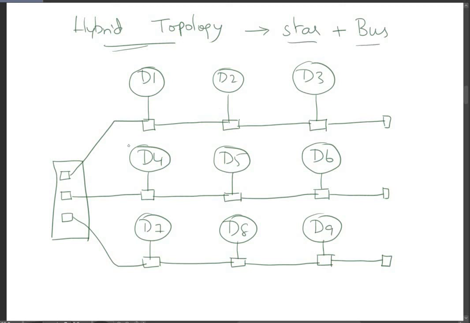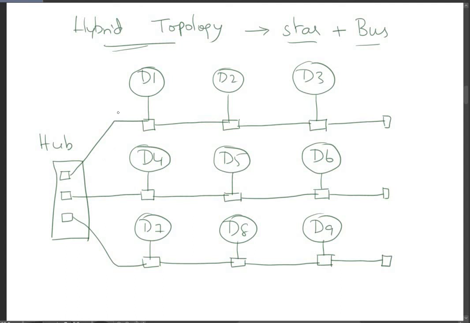If you can see this, the central controller or the hub is connected to these individual links in the form of a star connection. So this is a star connection from the central controller to the first line, second line and third line. And we have a bus topology from here.